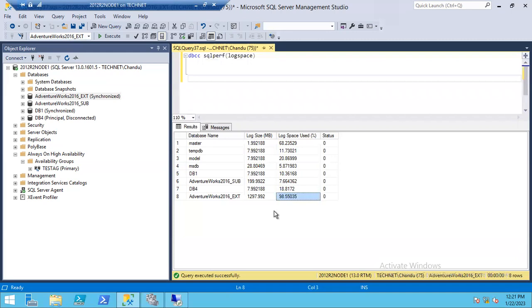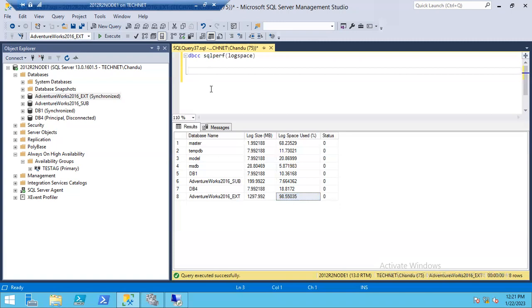There are certain scenarios. If it is the full recovery model, you will have to take a log backup so that the log file will be truncated. But if the log file is waiting for any other wait type, then the logs will not be truncated. Let's understand what it is waiting for.